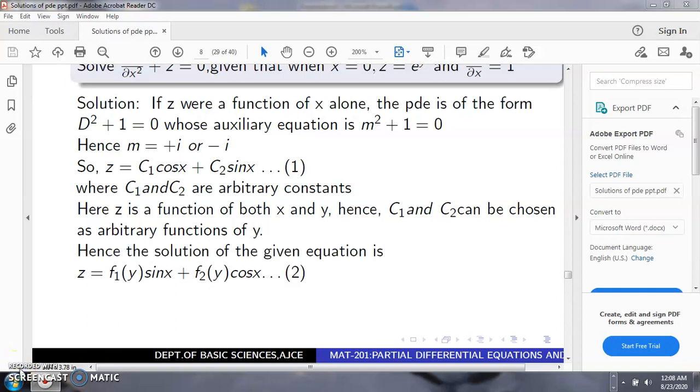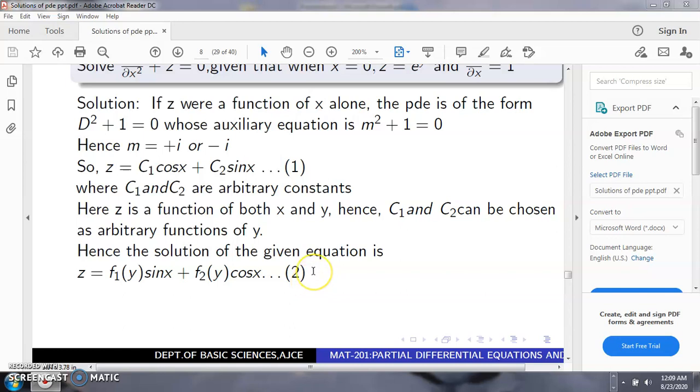Hence we can modify equation 1. Here we have c1 cos x + c2 sin x. Write first sin x, then cos x. So we write z = f1(y) sin x + f2(y) cos x. Let me call this equation number 2.